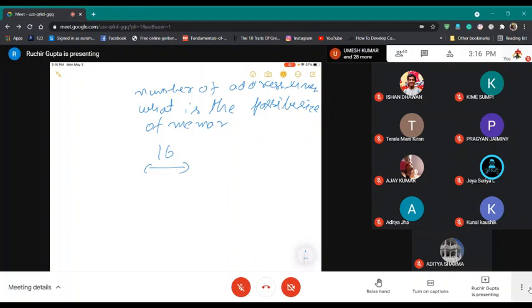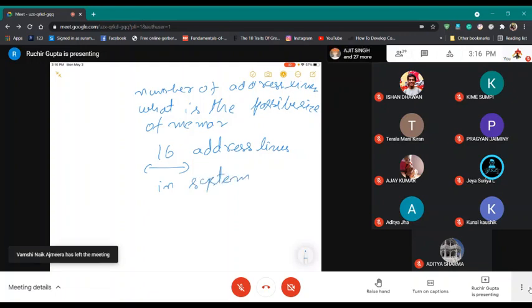Can somebody tell me? So if we have 16 address lines in a system, what will be the possible size of memory that this system can support?